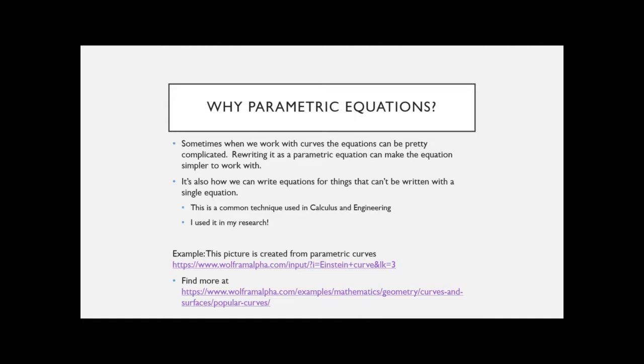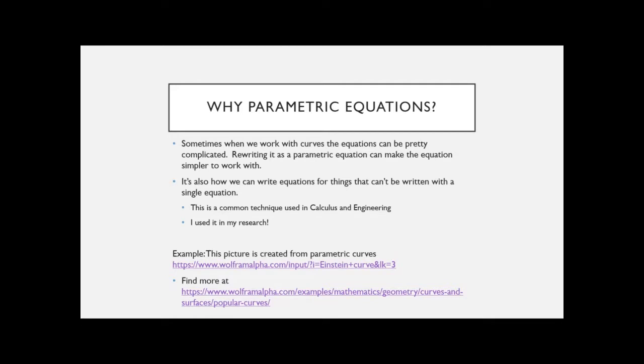Another reason is that sometimes there are things that are really hard to write with a single equation, and if we use parametric, we can use two equations, an equation for x and an equation for y, to write that same thing. And that's what's usually used in calculus and engineering.